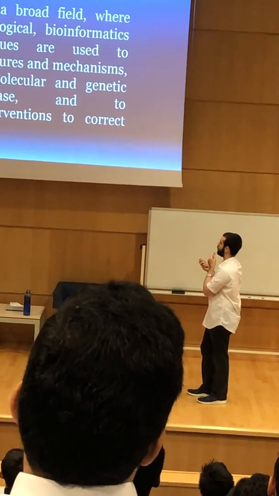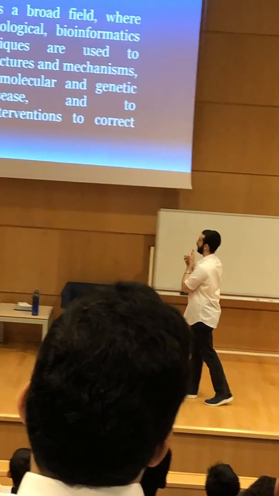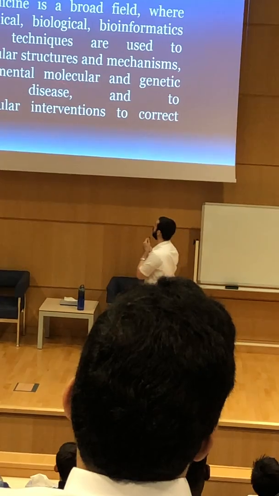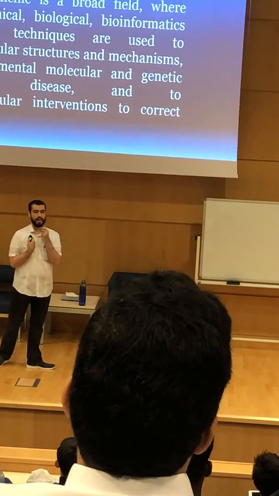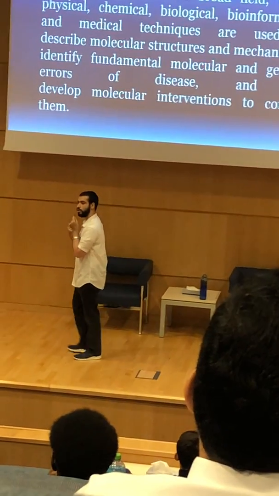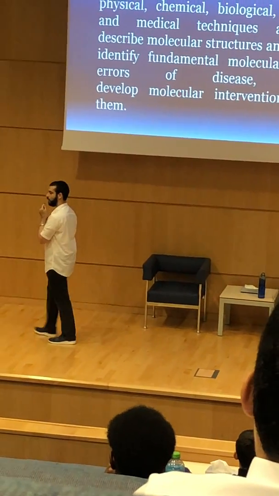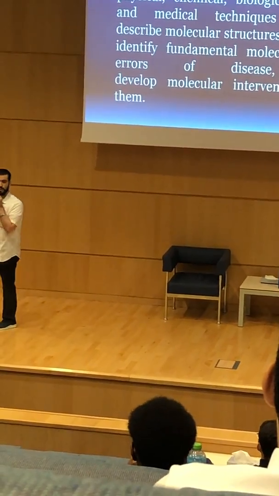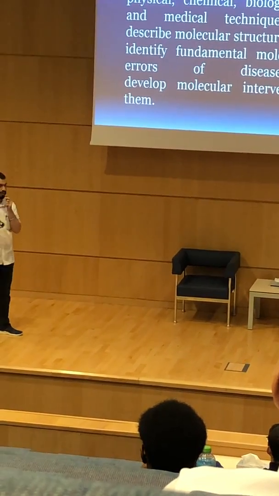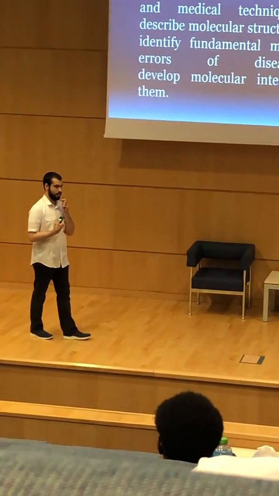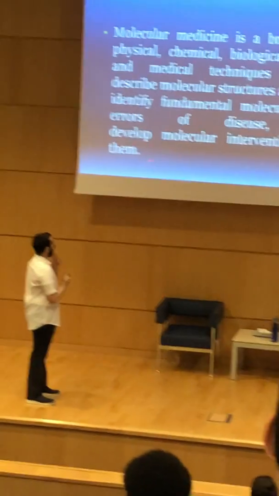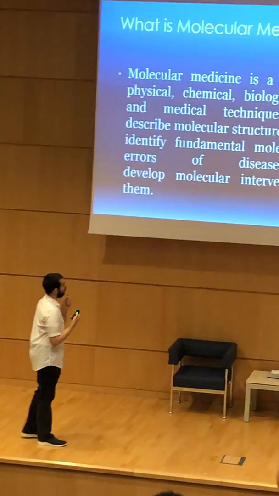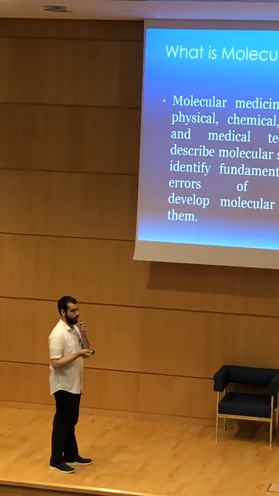After describing these structures and mechanisms, we can identify fundamental molecular and genetic errors of diseases. And that is exactly what we as medical students are meant to know. We are studying this course as a whole as medical students to understand the errors of diseases and to learn how to develop molecular interventions to correct them.